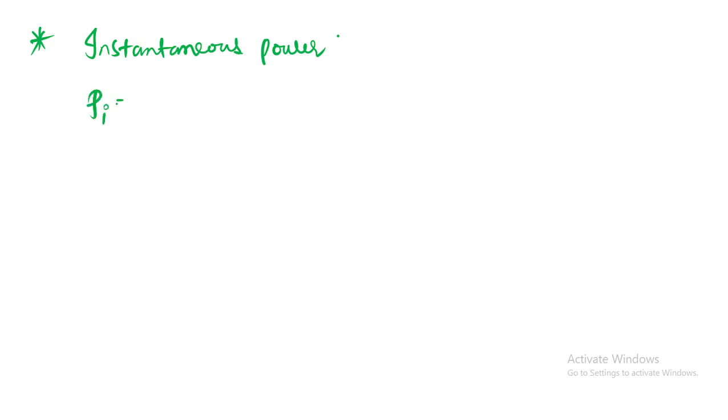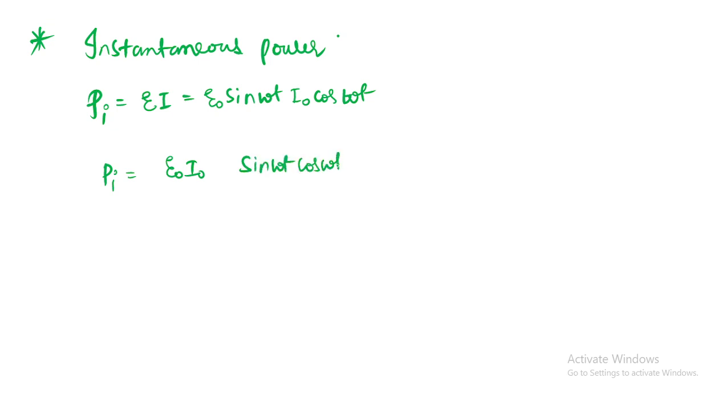P instantaneous is nothing but instantaneous current and instantaneous EMF, which can be E naught into sine omega t, and this one is I naught into cos omega t. Yes or no? So totally, P instantaneous will be equal to E naught I naught sine omega t cos omega t.